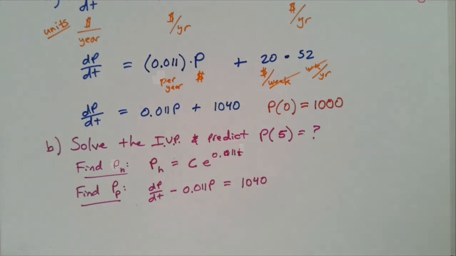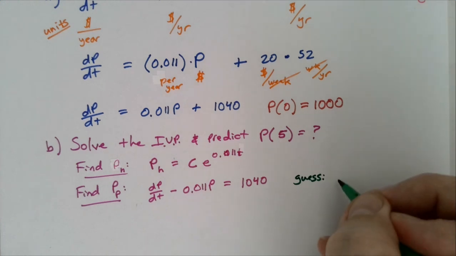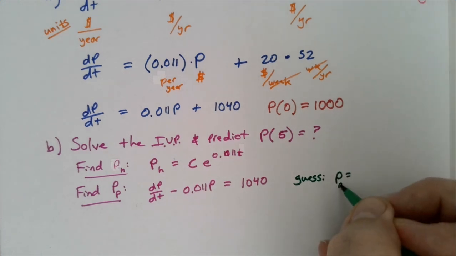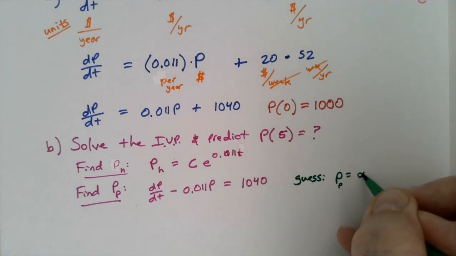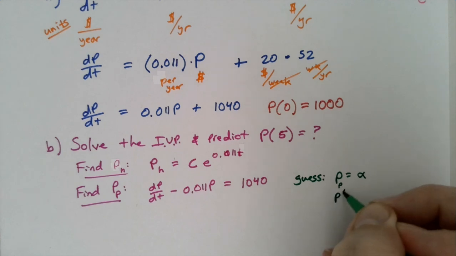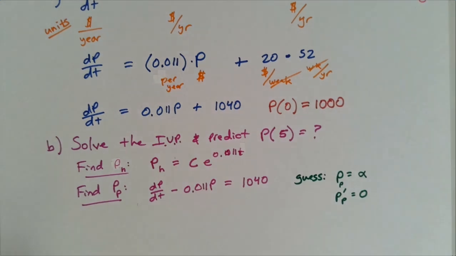So off to the side, I'm going to guess, here I'll use a different color, p sub p equals just a constant alpha. And that means the derivative is equal to 0, which makes my life a whole lot easier.